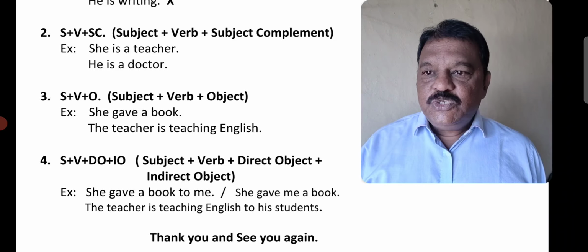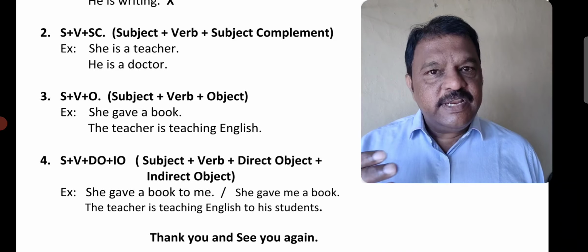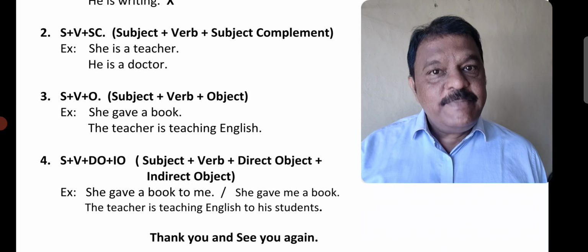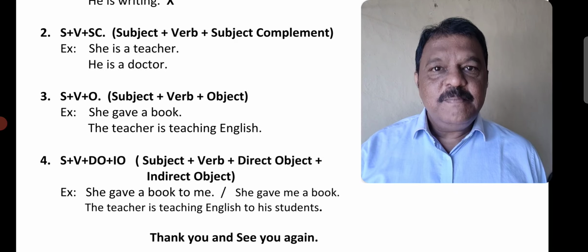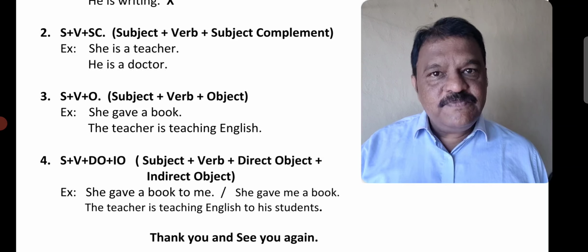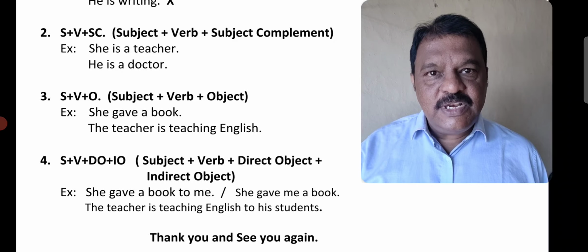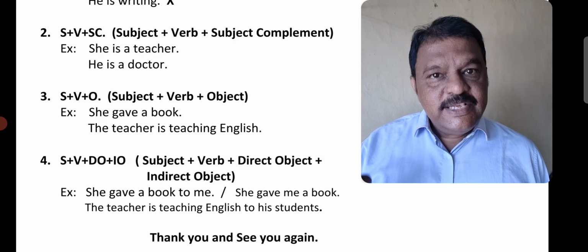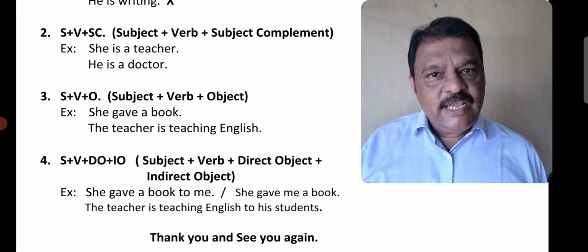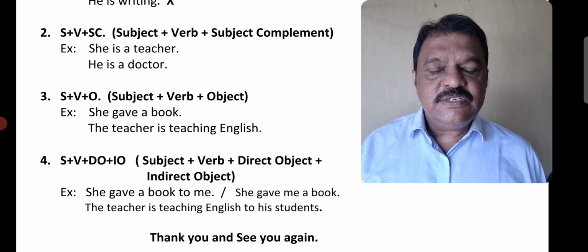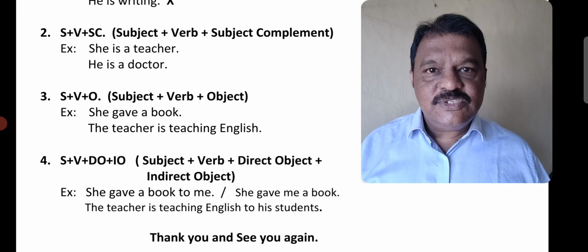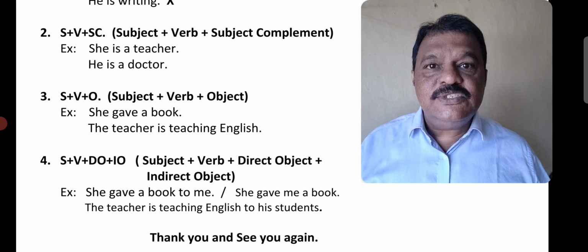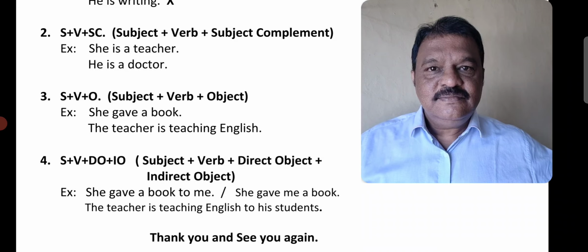To find out the direct object and indirect object will be easy. But if you follow this formula that I'm going to tell you, you can easily identify direct object and indirect object in any sentence, even if the sentence is long.